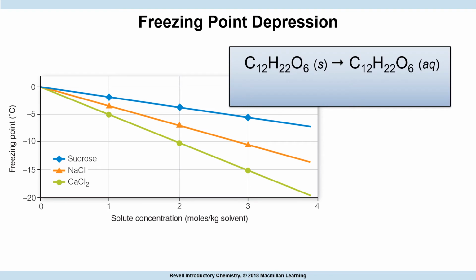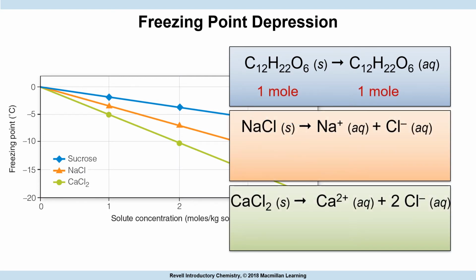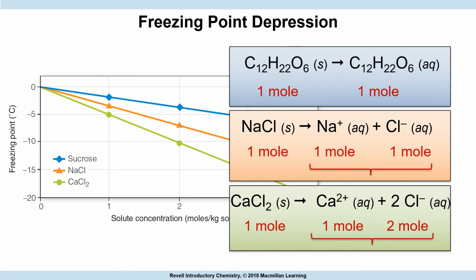Okay, so that's our sucrose. Dissolves in water, just 1 molecule of sucrose, 1 mole to mole. If we dissolve the salt sodium chloride, we get 2 moles, and dissolving the calcium chloride, we get 3 moles. So you can see we have more moles of particles with the calcium chloride.